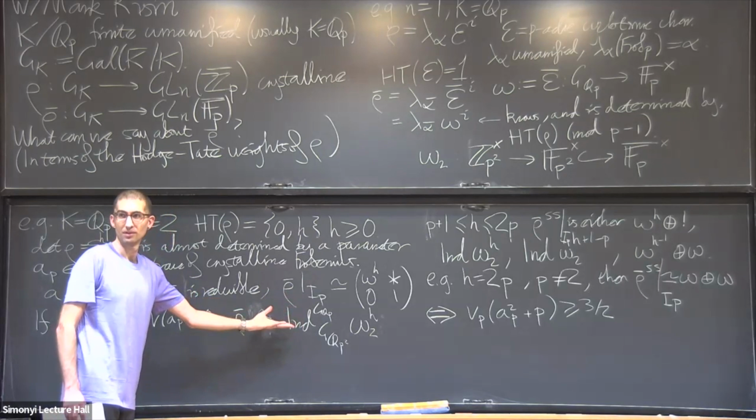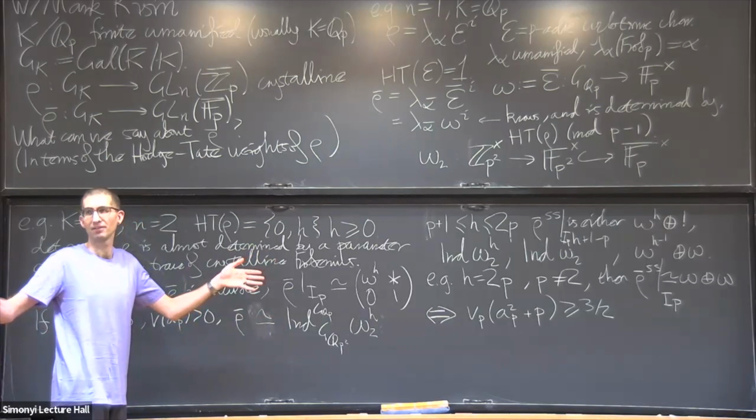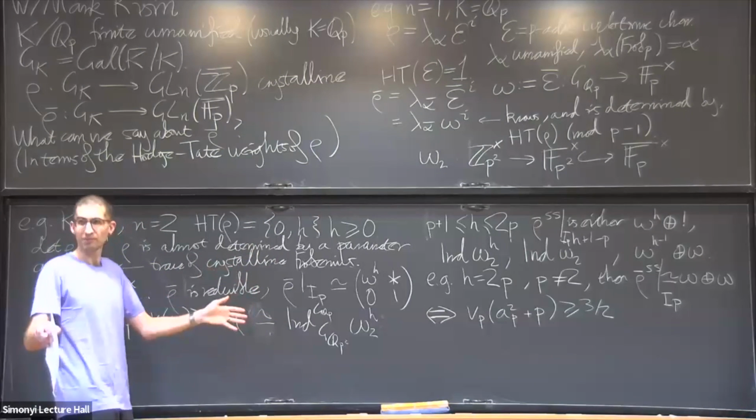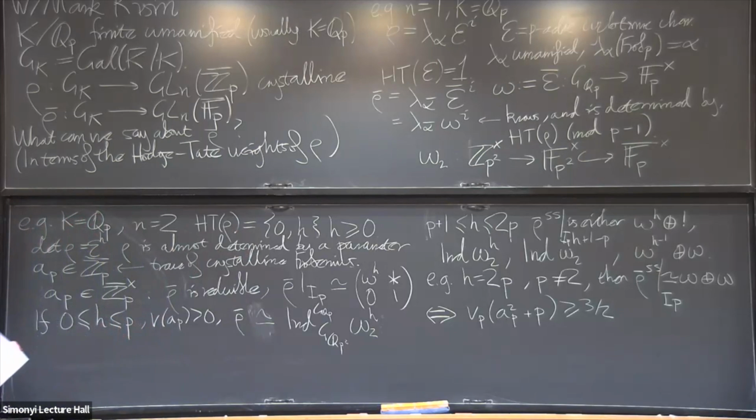Similarly in rank n, all the irreducible objects are just coming from this. But isn't it the case that sometimes your residual representation is absolutely irreducible? Yes. But the reducible ones are still all inductions of characters. I don't want to interrupt you. I'm happy to talk about it afterwards.